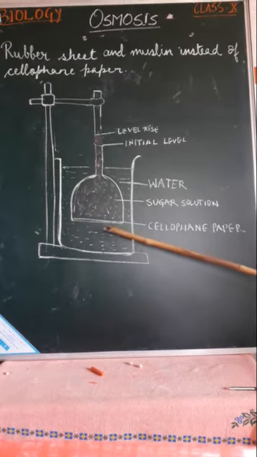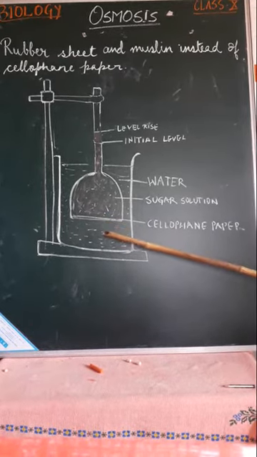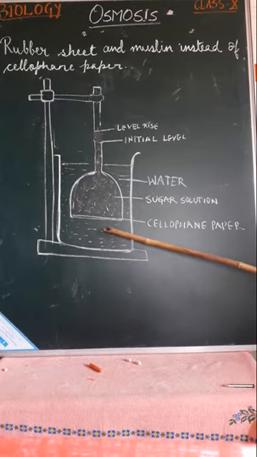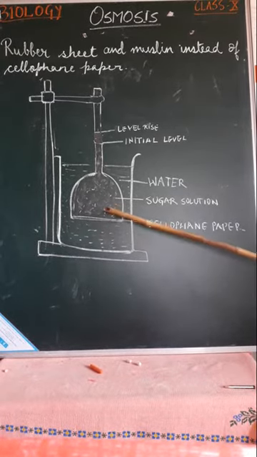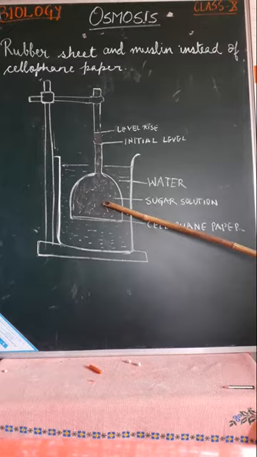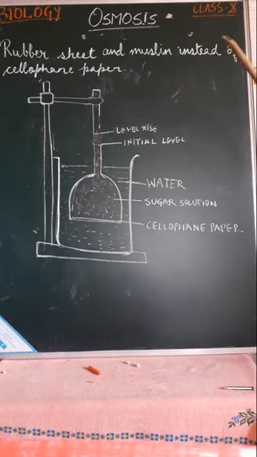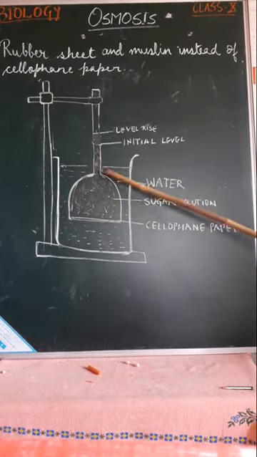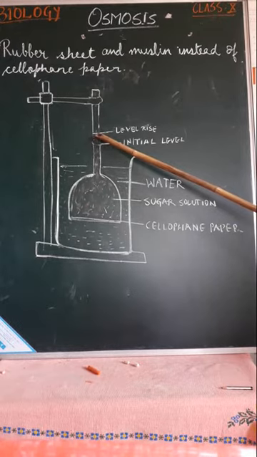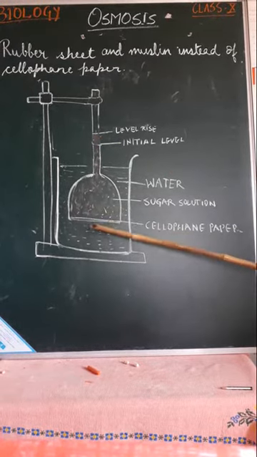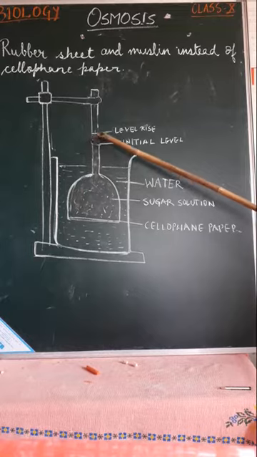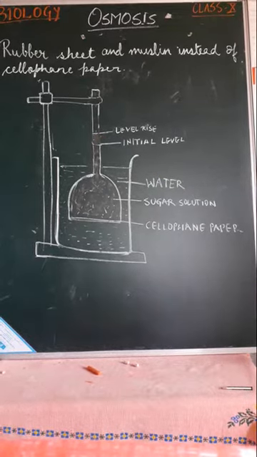The rubber sheet does not have any tiny pores, which will not allow the molecules to move from lower concentration to higher concentration or from higher concentration to lower concentration. So there will be no net movement of water molecules from lower to higher, and no rise in sugar level will take place.